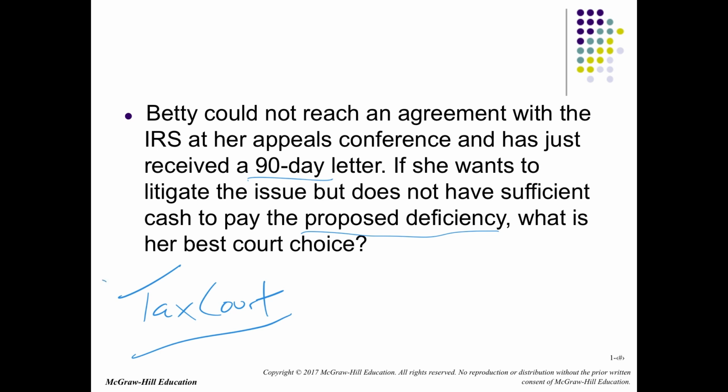Okay? So tax court can be really beneficial because you don't have to have paid your tax liability up front. So for taxpayers who are having some liquidity issues, or if it's a very large tax amount, tax court can be very, very useful.